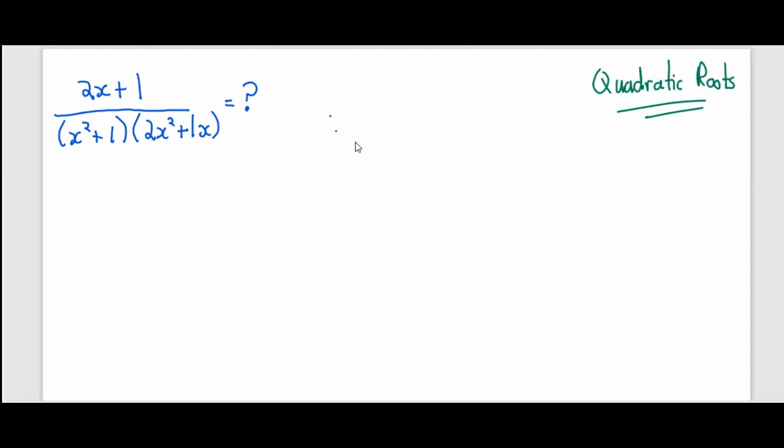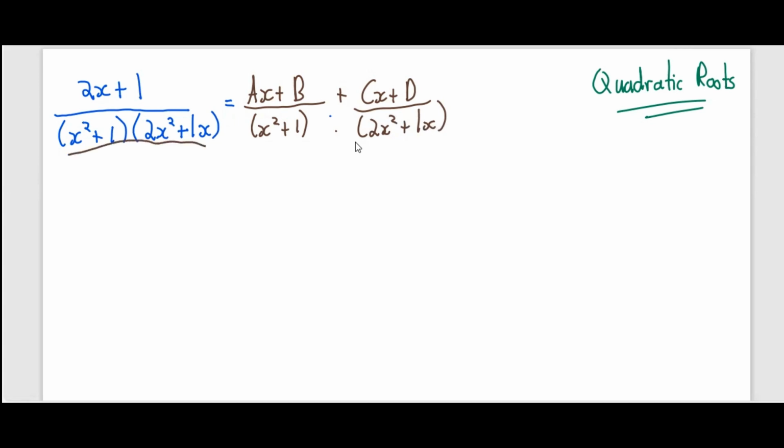You have to write it in the partial fraction form. So put ax plus b on the first one, and plus cx plus d on the second. Step 1 complete. Step 2: remember, just multiply both sides by the denominator.